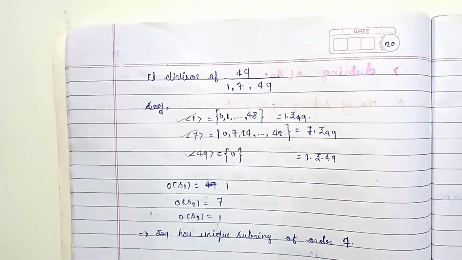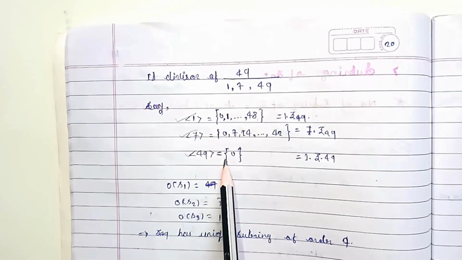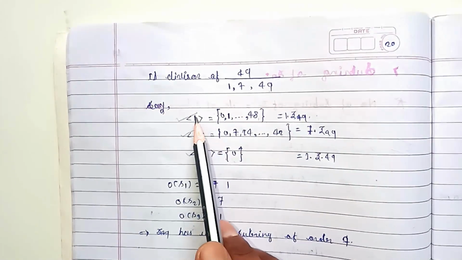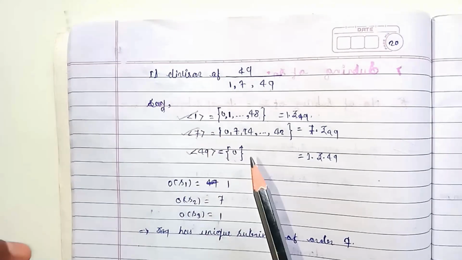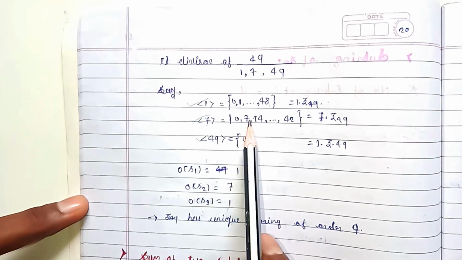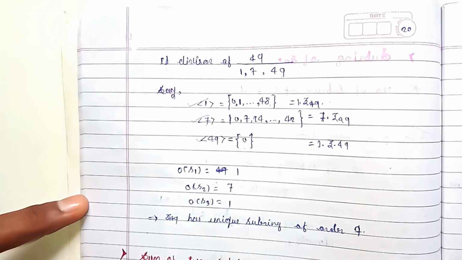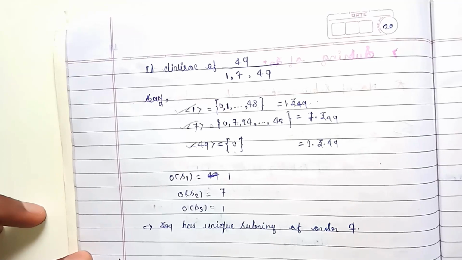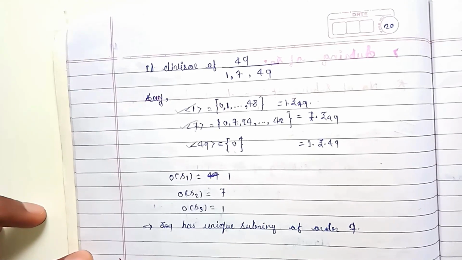So we have 3 subrings here. The order of S1 is 49, the order of S2 is 7, and the order of S3 is 1. So we say that Z49 has a unique subring of order 7.